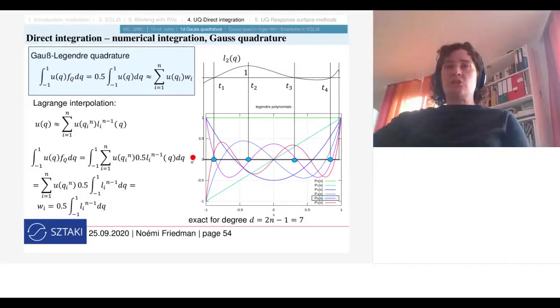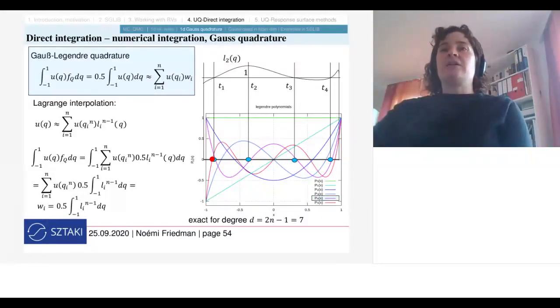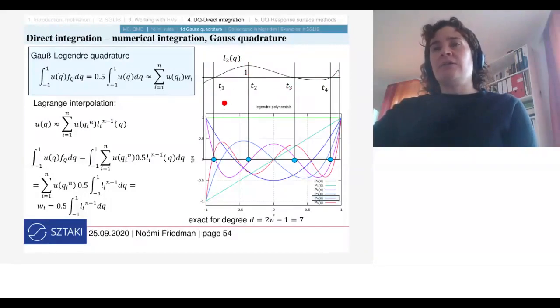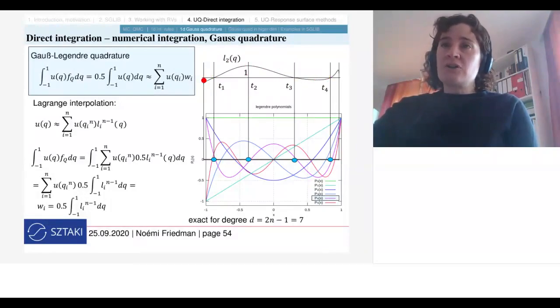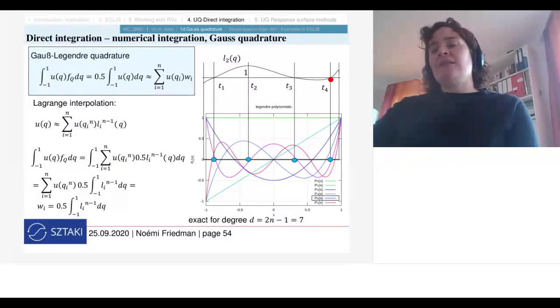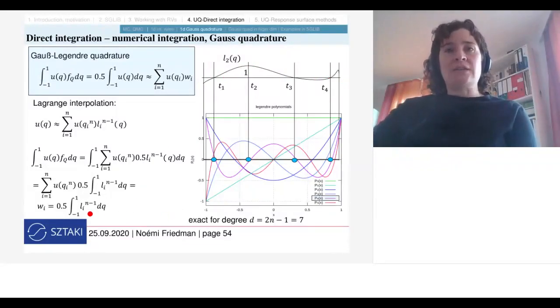If I have the integration points, I only need the weights. For example, the weight corresponding to this point will be the integral of the Lagrangian, which takes value 1 at this point and 0 at all the other points. I define this Lagrange function, and then I take its integral, which can be computed exactly, and this will be my integration weight.